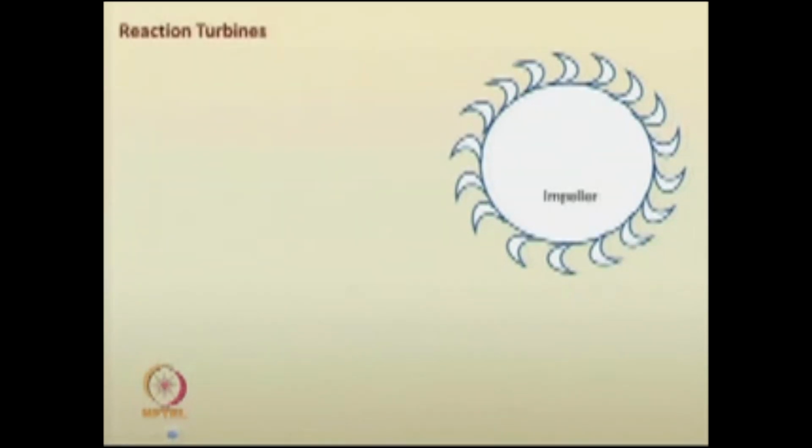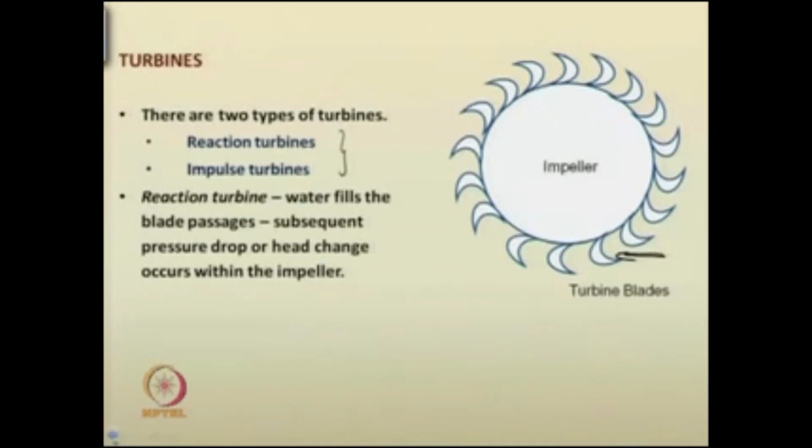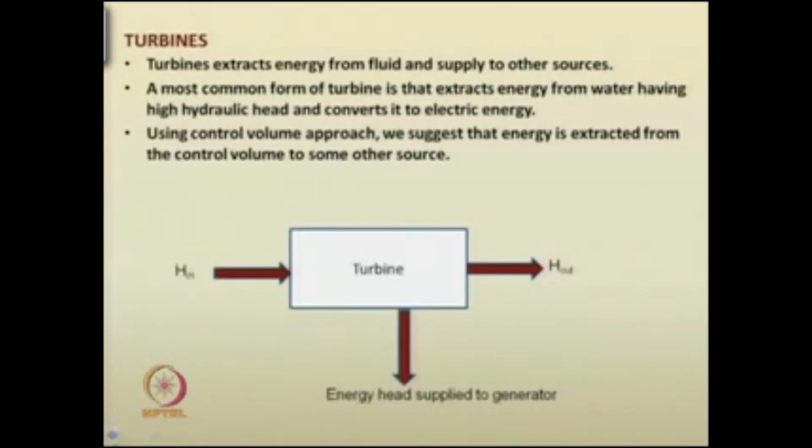So, let us talk about reaction turbines first. As we mentioned, reaction turbines are usually used for low head and high flow devices. If you look at the previous figure, the objective of the turbine is clearly mentioned.